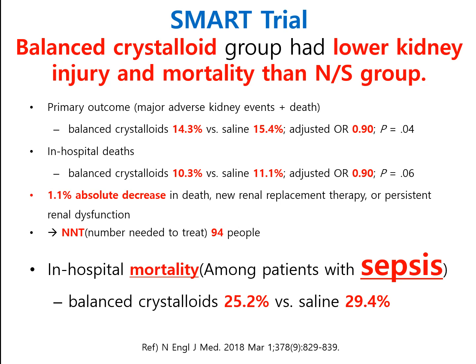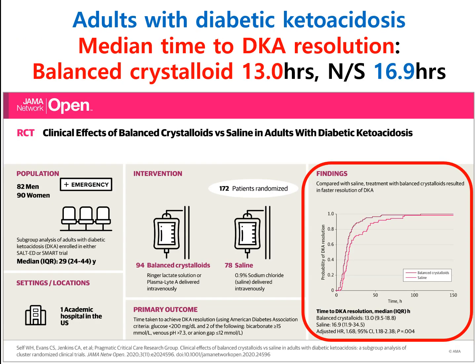The SMART trial in ICU patients showed a lower composite primary outcome with balanced crystalloid, and a trend towards lower in-hospital deaths, especially in patients with sepsis. Balanced crystalloids have also shown benefits like faster DKA resolution in specific patient groups like adults with diabetic ketoacidosis.